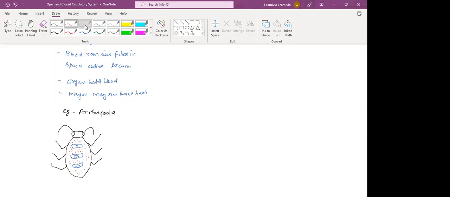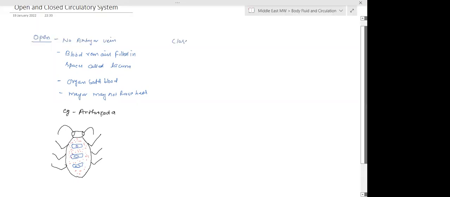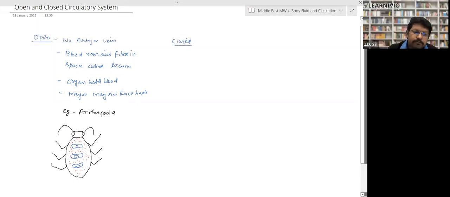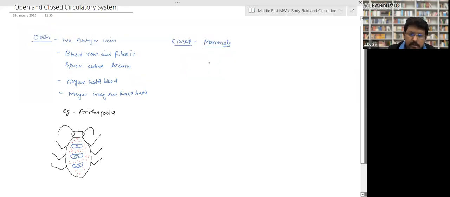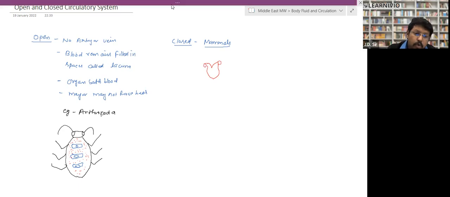Now, what about the closed circulatory system? In the closed circulatory system, for example, all the mammals have a closed circulatory system. There will be a heart-like structure, right? A heart will have some closed vessels.